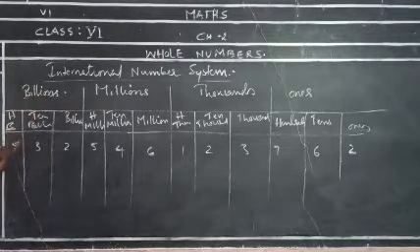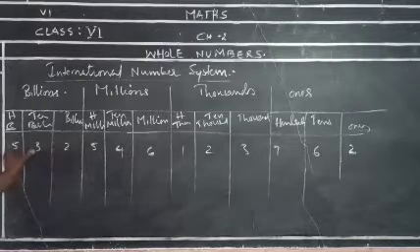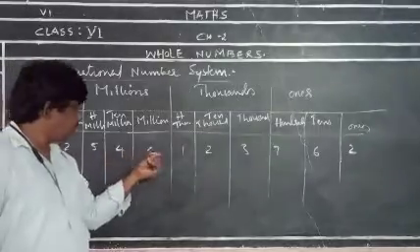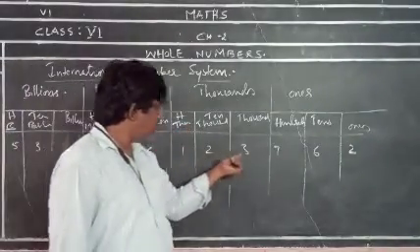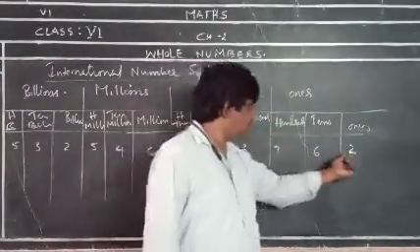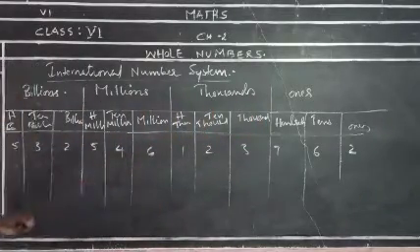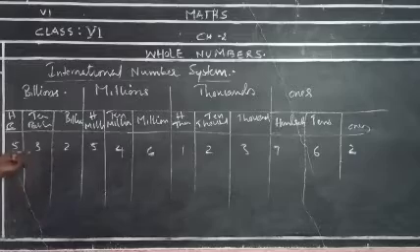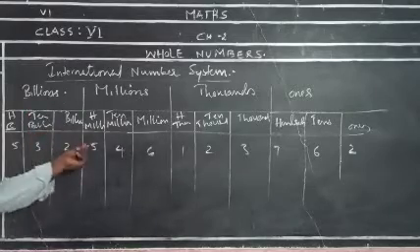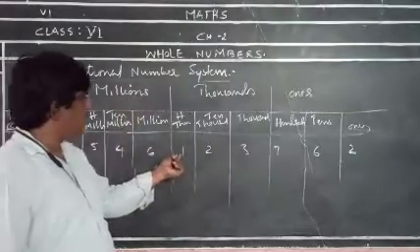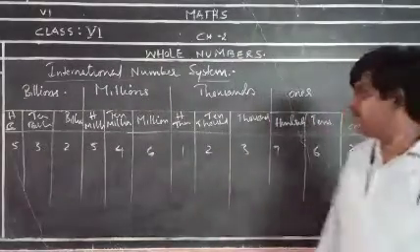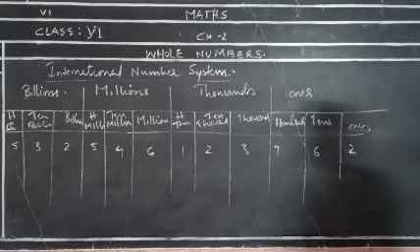Billions has 3 digits, 532. In millions, 546. In thousands, 123. In ones, 762. It is very easy to read in the international system. Therefore, the number is 532 billions, 546 millions, 123,762. That is the name of the number.